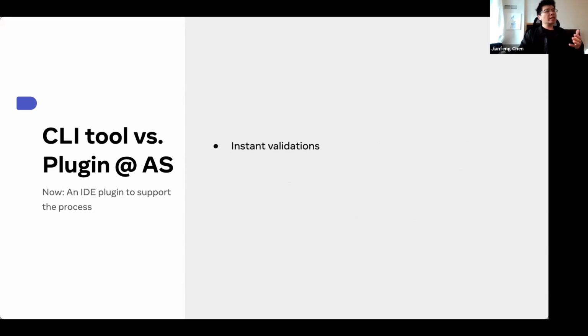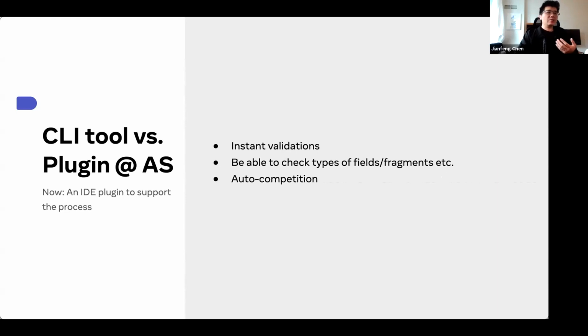With the Android Studio plugin or native support for GraphQL languages, we can provide instant validations, and people are able to track usages of fields and fragments, etc. They can also do auto completion, and everything is left to the editor and our mouse cursor. Everything is also integrated with our Facebook internal infrastructures, and other custom features are extendable.